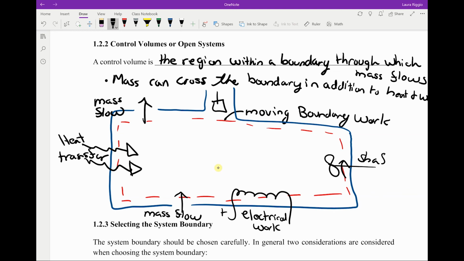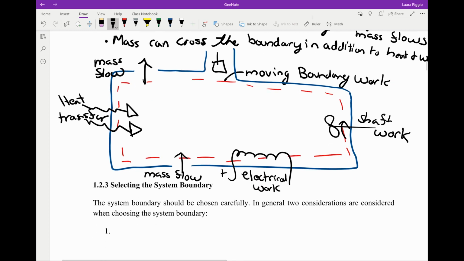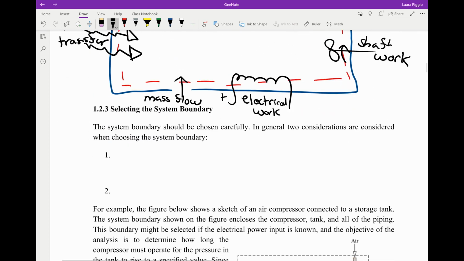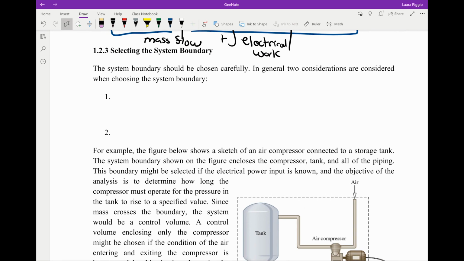I can still have shaft work. So yeah, the difference between a closed and open system is for closed systems, mass cannot cross the boundary, whereas for open systems, mass can cross the boundary.